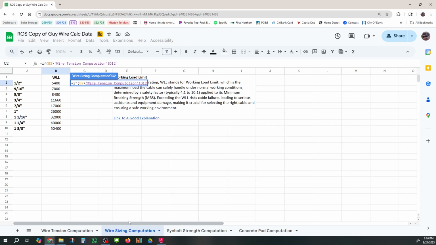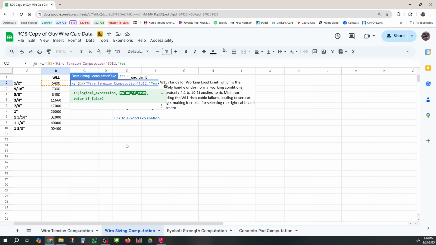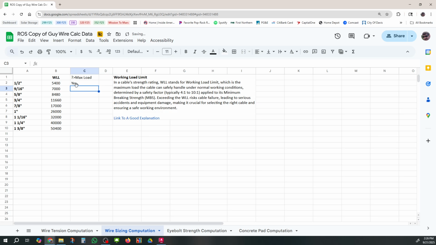Then, which is a comma, type yes, in quotes. Otherwise, which is a comma, type no, in quotes, done. And look, they're all going to be larger.